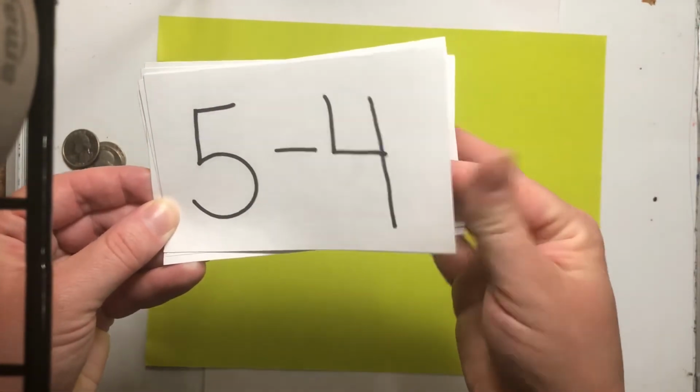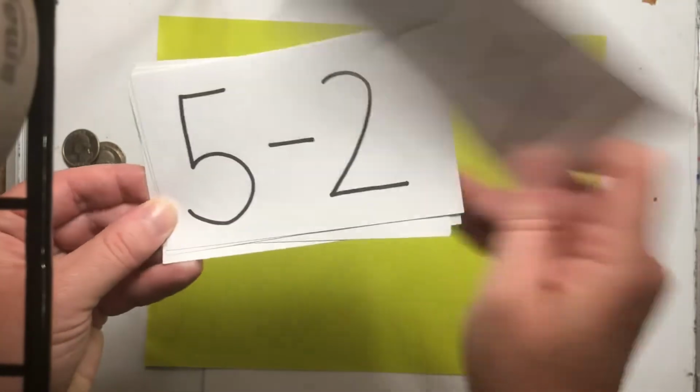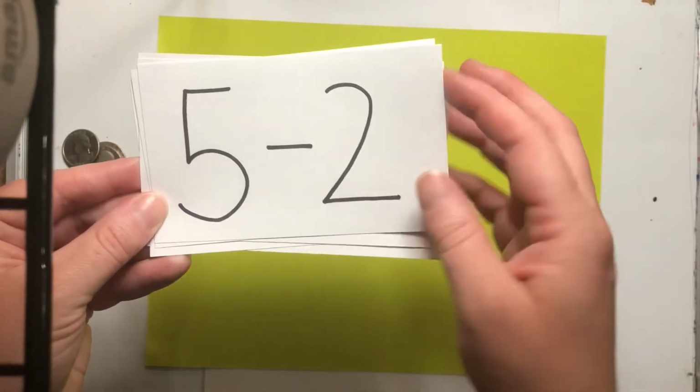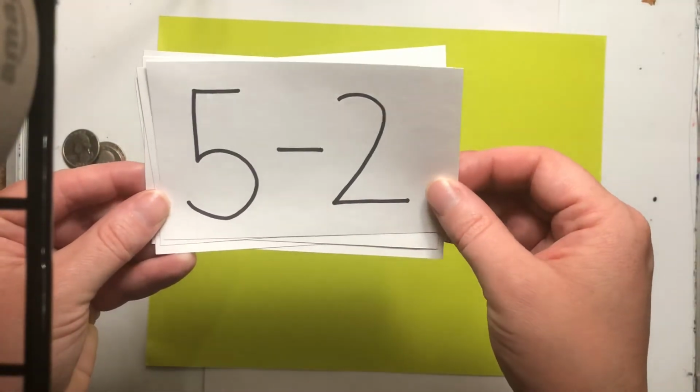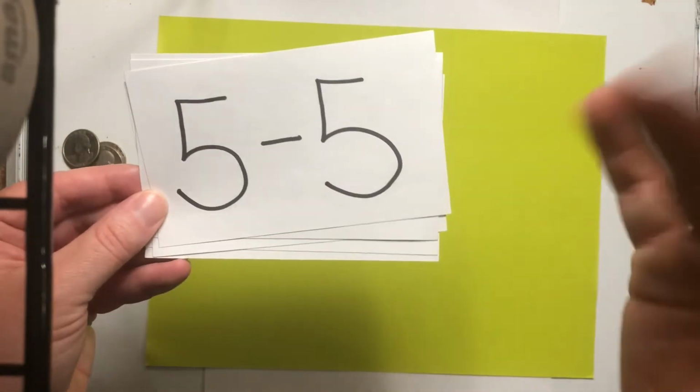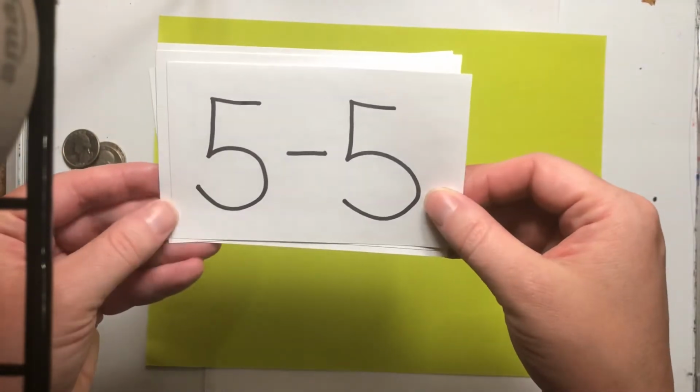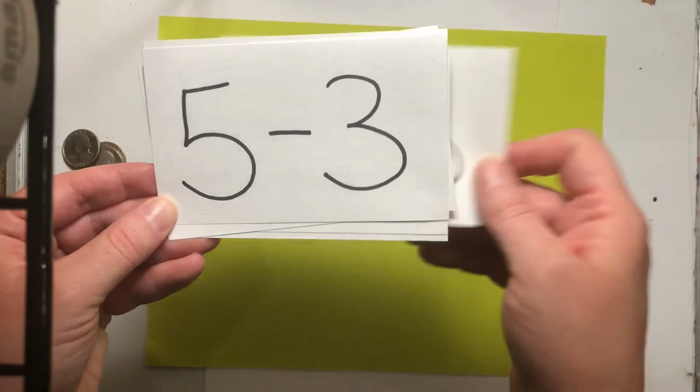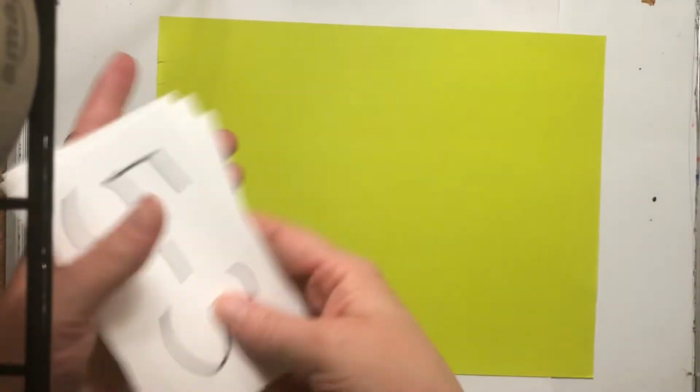Oh, they're stuck. 5 minus 2 equals 3. 5 minus 5 equals 0. So you can continually practice them over and over, okay? So that's one way to practice your fluency for your math subtraction facts.